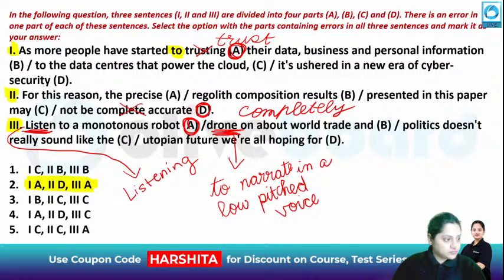Doesn't really sound. Base form with doesn't. Chalo. Tricky one, but I think many of you already answered two options. I don't know whether that was guesswork or you used your logic. Okay. Now, all of you remember.